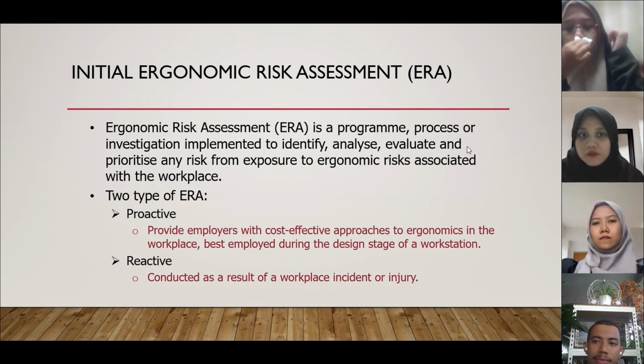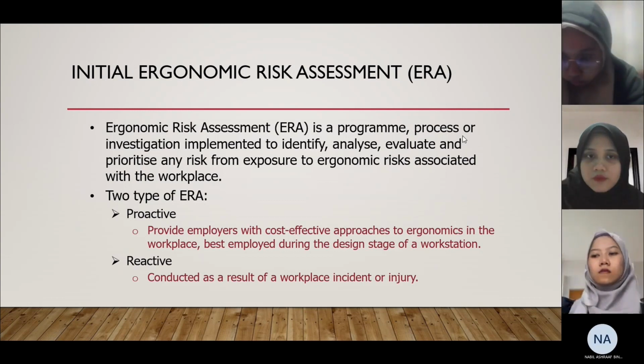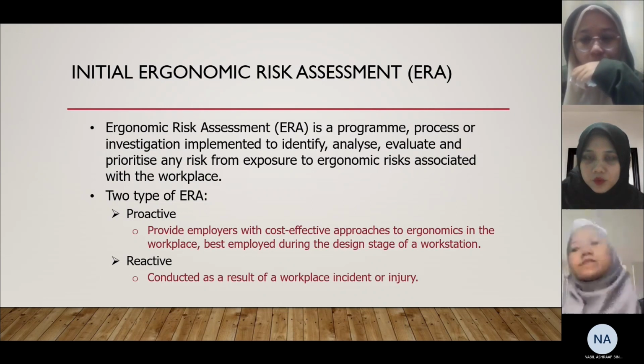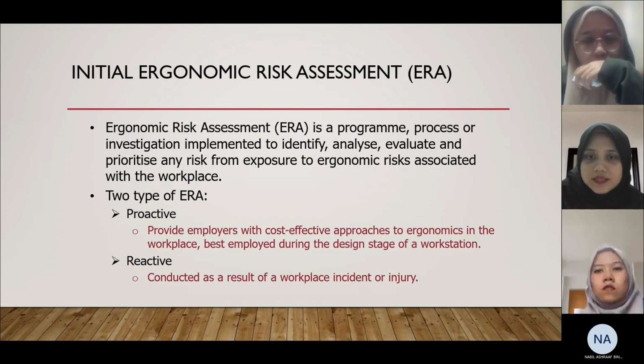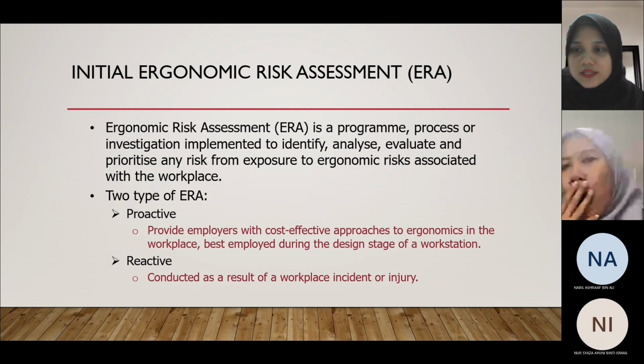There are two types of ERA, which are proactive, which means providing employers with cost-effective approaches to ergonomics in the workplace, best employed during the design stage of a workstation. The second one is reactive. Reactive means conducted as a result of a workplace incident or injury.